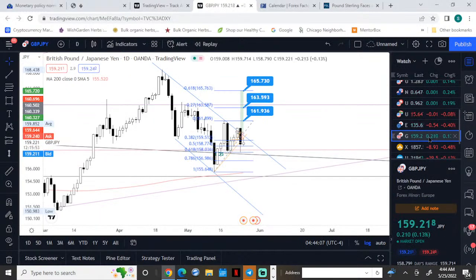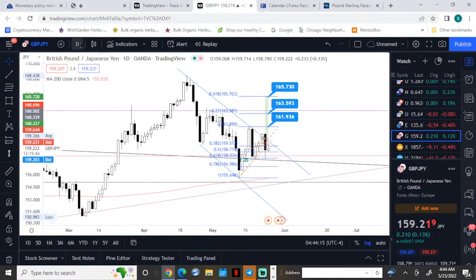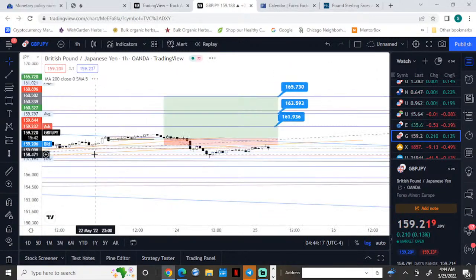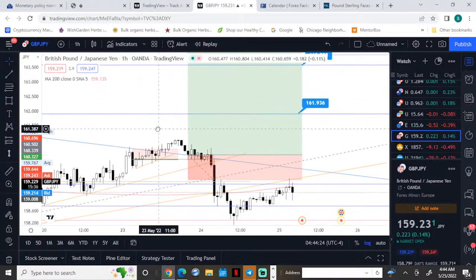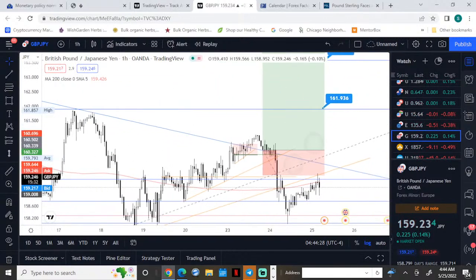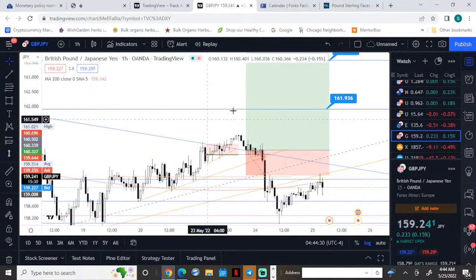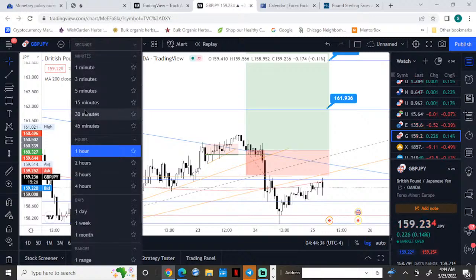GJ, which has become my arch enemy at the moment. I think I'm going to start trading GJ off the daily too. I did get into this trade, but let me see.